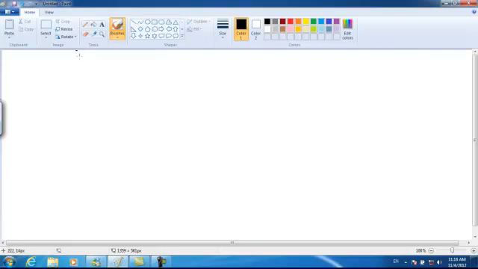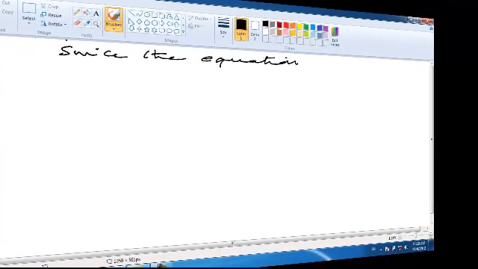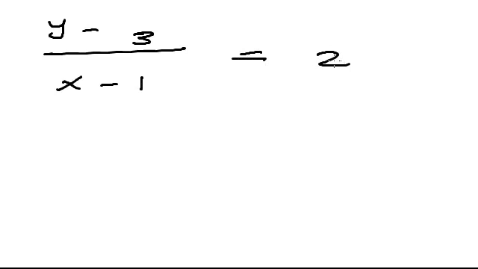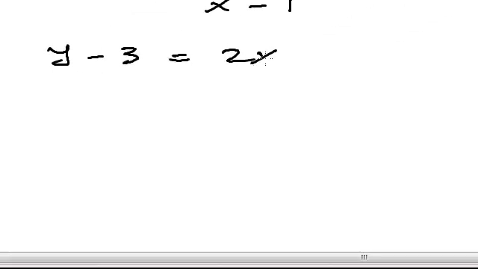Then the equation of the tangent line is y minus f of 1, that is y minus 3, divided by x minus 1, equals 2. So y minus 3 equals 2x minus 2.